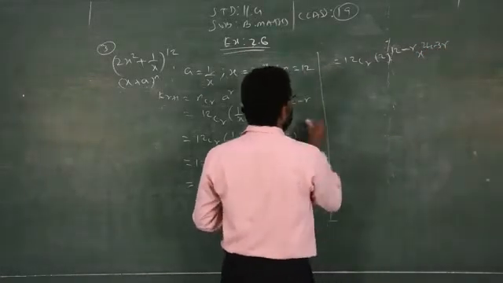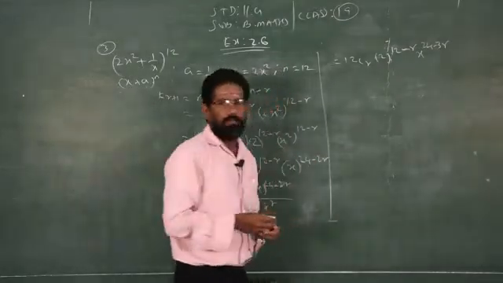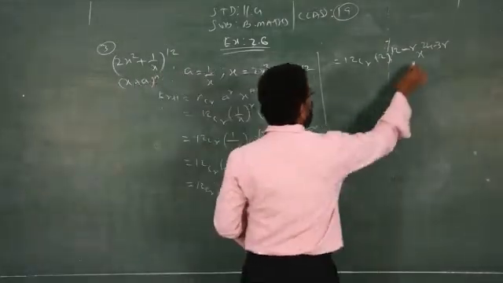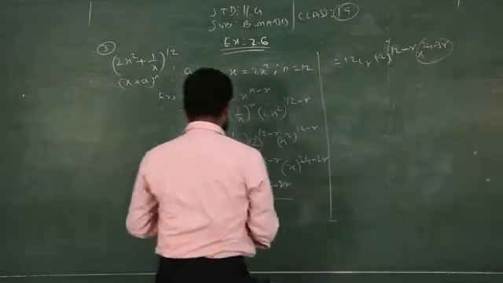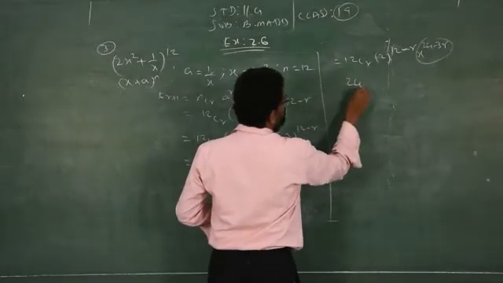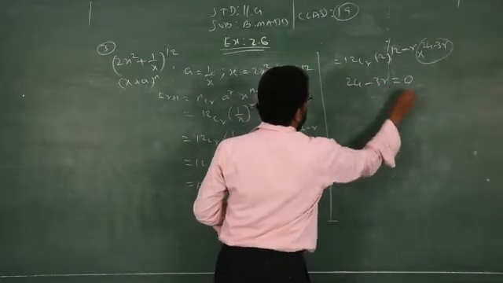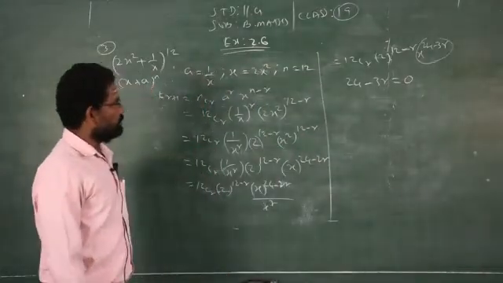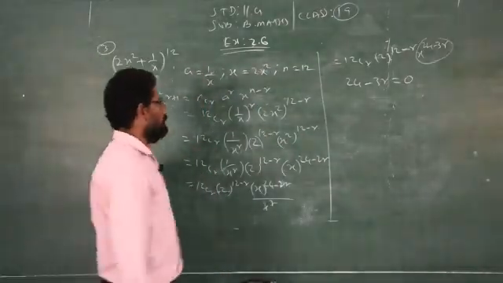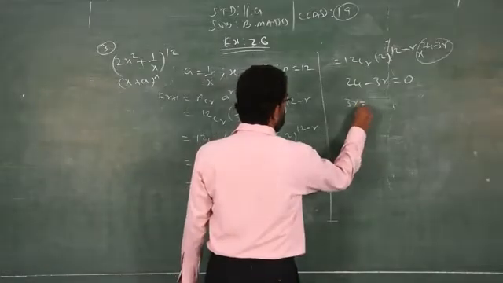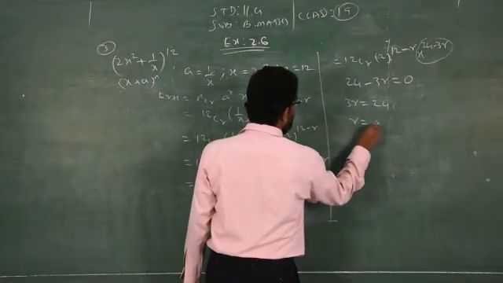Independent terms are constant terms. To find the independent or constant term, you have to make 3r equal to 0 in the power. The power of x is always equal to 0 in the case of independent or constant terms. So 3r is equal to 24, and you will get r is equal to 8.